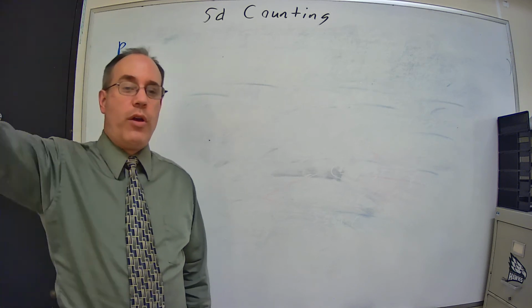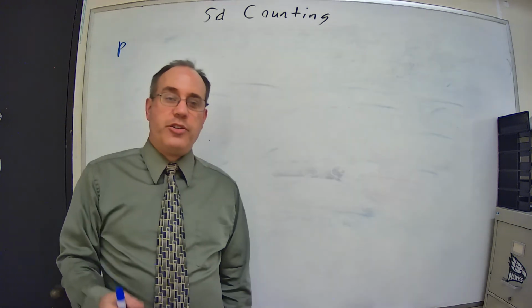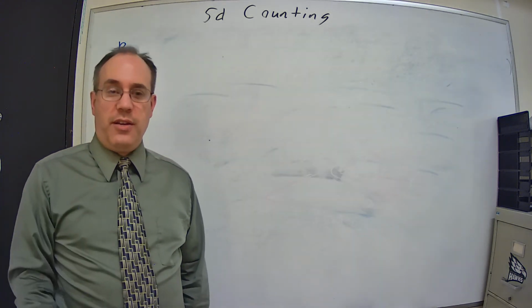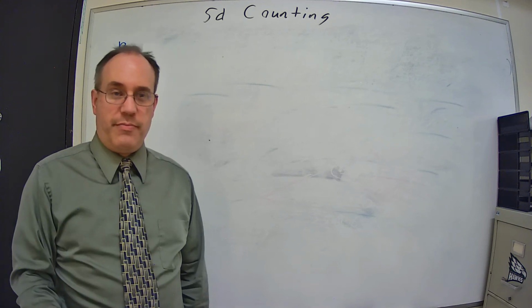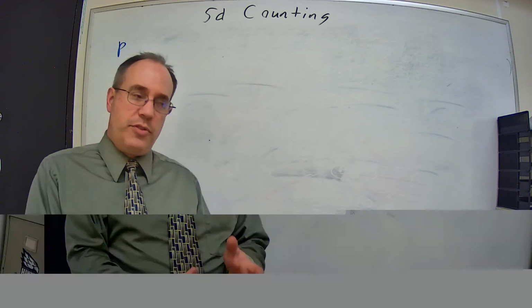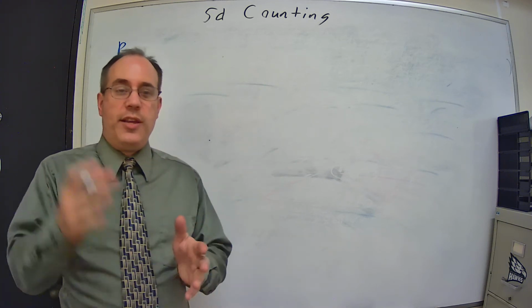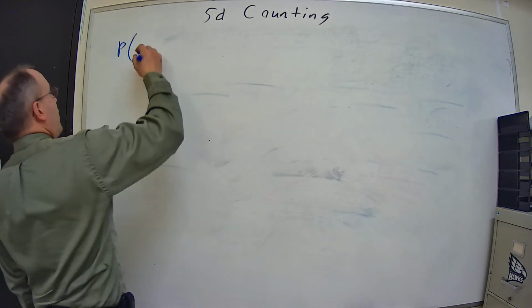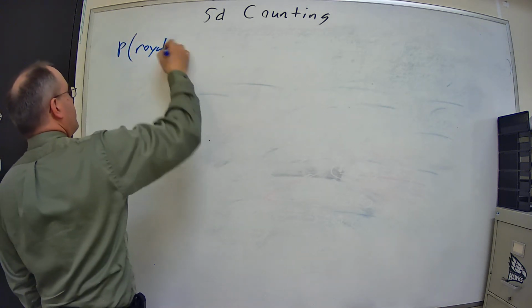That's what makes it royal. And the flush means that they're all of the same suit. So they're all hearts, or they're all spades. So I want to find the probability of getting a royal flush.